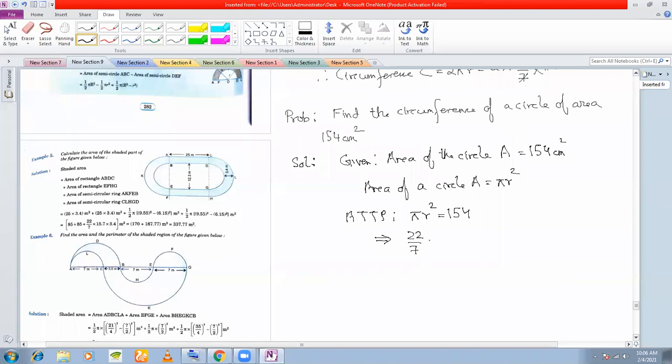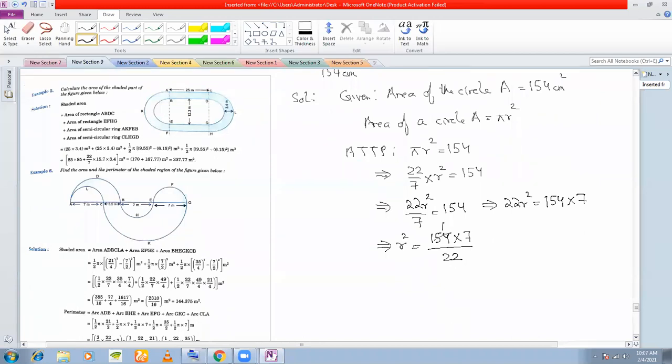Let's put 22 by 7 into r square is equal to 154. That means 22 r square by 7 is equal to 154. Now you cross multiply, you get 22 r square is equal to 154 into 7. That means r square must be equal to 154 into 7 divided by 22.